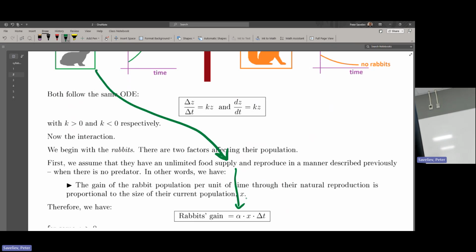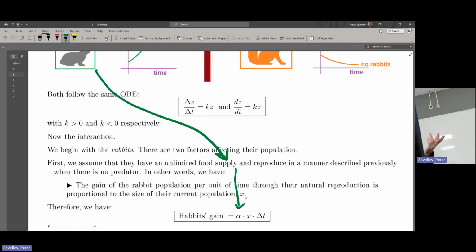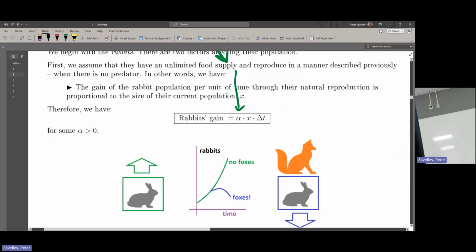So proportional to the number of rabbits in the first place and proportional to the length of time. This is the delta R, say, where R stands for rabbits, but we don't try to divide and go to the derivative right away because there is a second component we have to take care of first, and this is what it is.